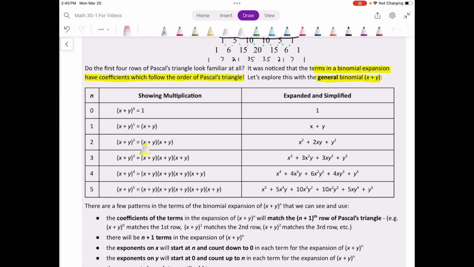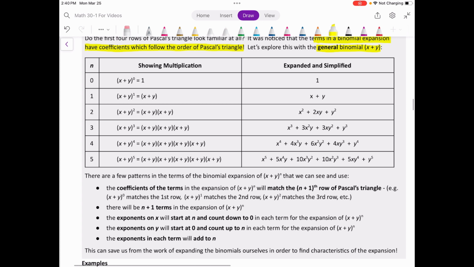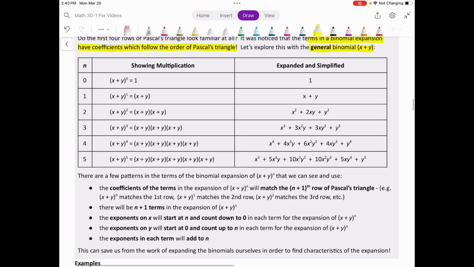X plus y squared, if we FOIL that out, we'll get x squared plus x times y plus y times x, or plus 2xy plus y squared. Look, 1, 2, 1, right? X plus y cubed gives us x cubed plus 3x squared y plus 3xy squared plus 1y cubed, right? 1, 3, 3, 1 are the coefficients. 1, 4, 6, 4, 1 are the coefficients. 1, 5, 10, 10, 5, 1 are the coefficients, right?